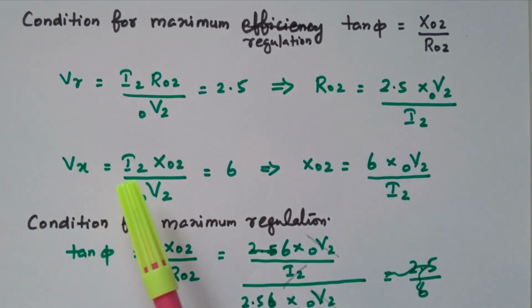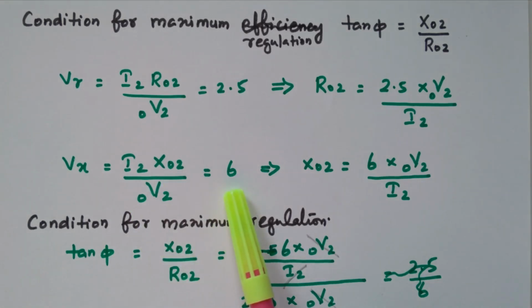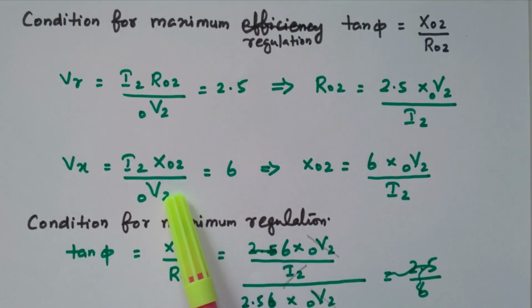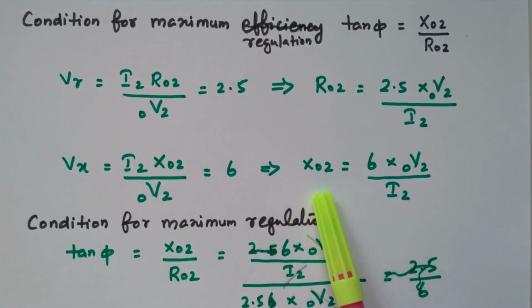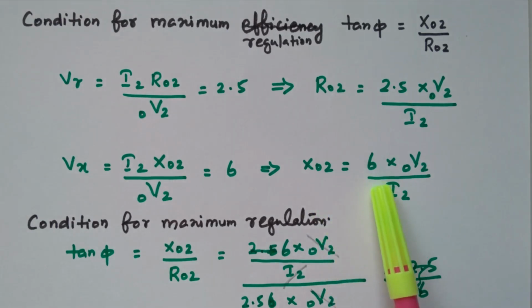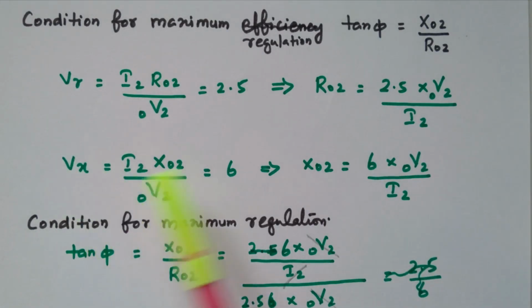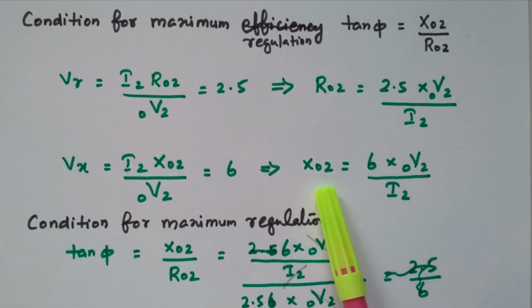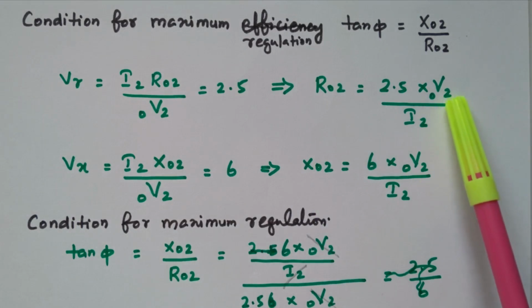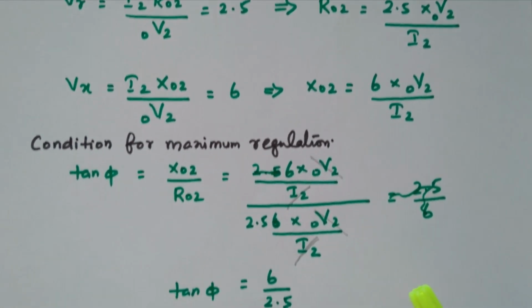Similarly, Vx is I2 X02 divided by no load secondary voltage, that is 6. Bringing the voltage to the numerator and I2 to the denominator, X02 equal to 6 into no load secondary voltage divided by I2. So we framed the equations for R02 and X02 in terms of no load secondary voltage. Now we can substitute these two values for maximum regulation.